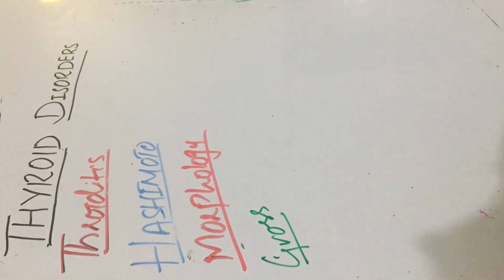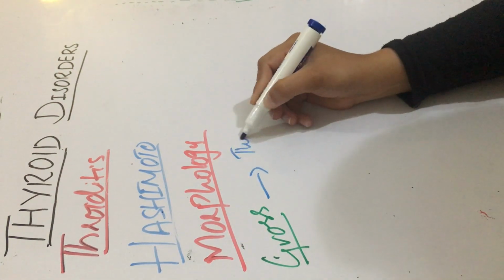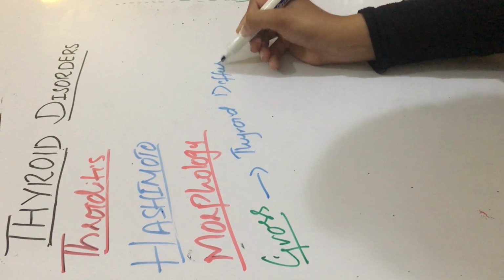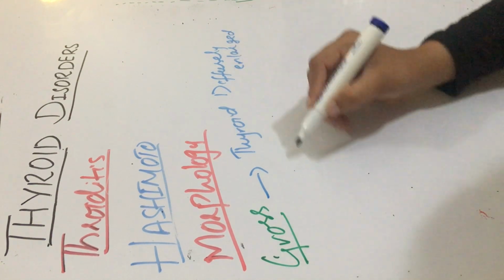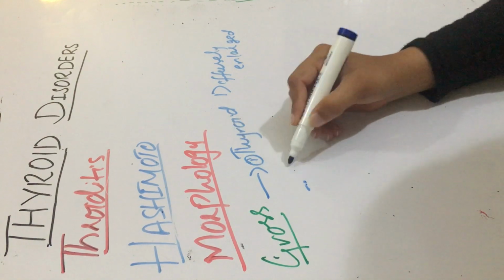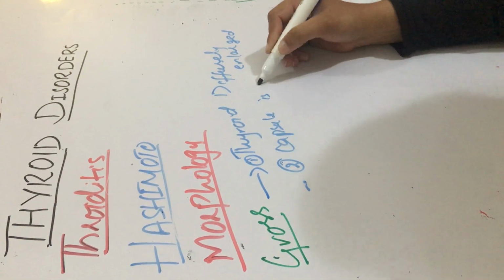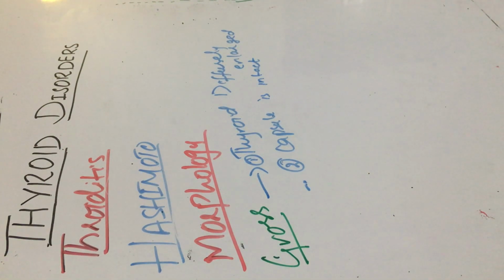Grossly, the thyroid gland would be diffusely enlarged, and the capsule would be intact. The capsule would not be damaged; it would be intact and well demarcated from surrounding structures. And if you cut the thyroid gland, it would be pale looking and somewhat nodular.